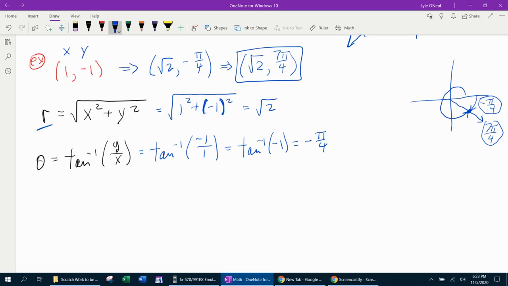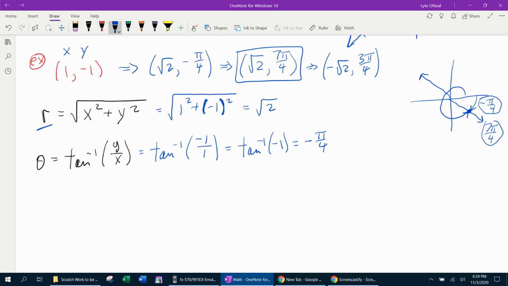Now, there are a couple of other correct answers. Let me show you that before I move on to the next example. Another correct example could be negative square root of 2, 3 pi over 4. Think about that for a second. Where is 3 pi over 4?